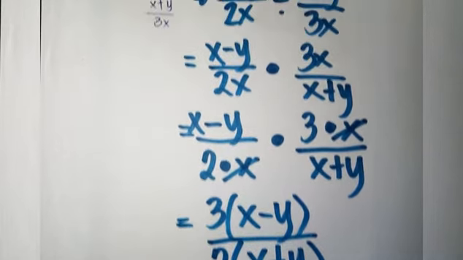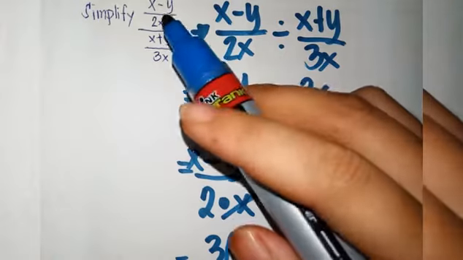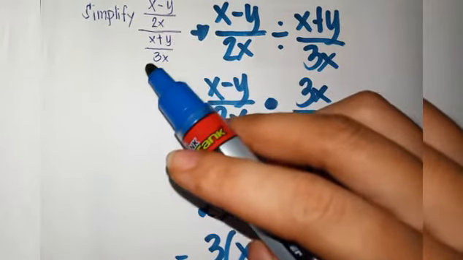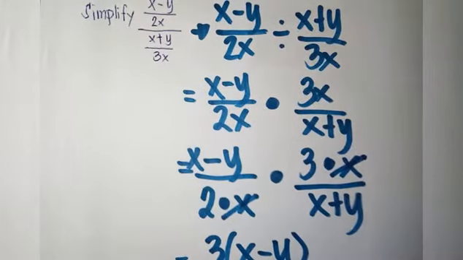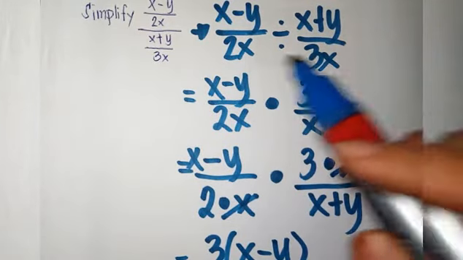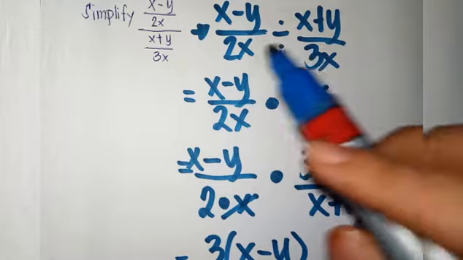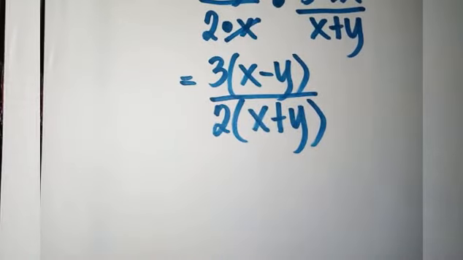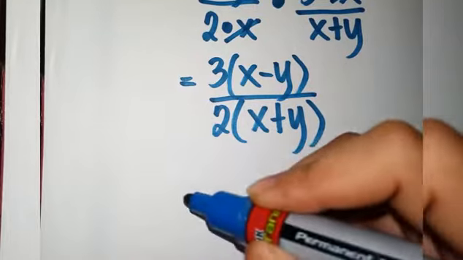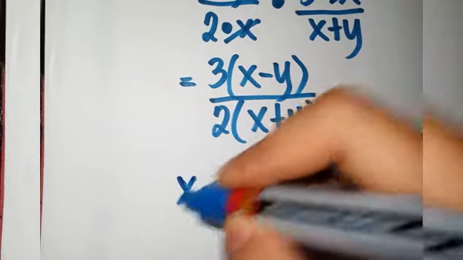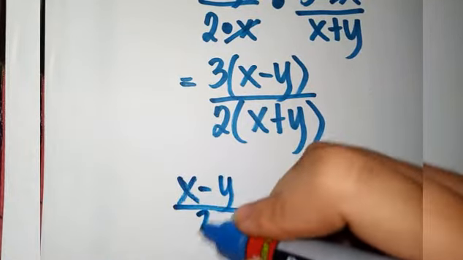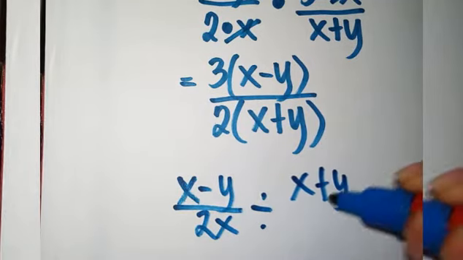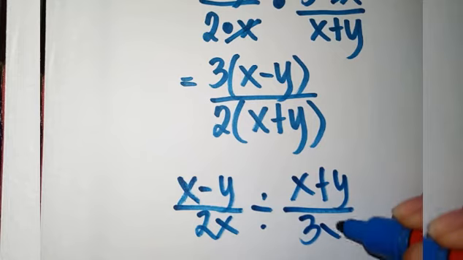Isolve ulit natin yung x minus y all over 2x divided by x plus y all over 3x. Kung mapapansin nyo, ang LCD nito ay 6x. Sulat ko muna dito, we have x minus y all over 2x divided by x plus y all over 3x.